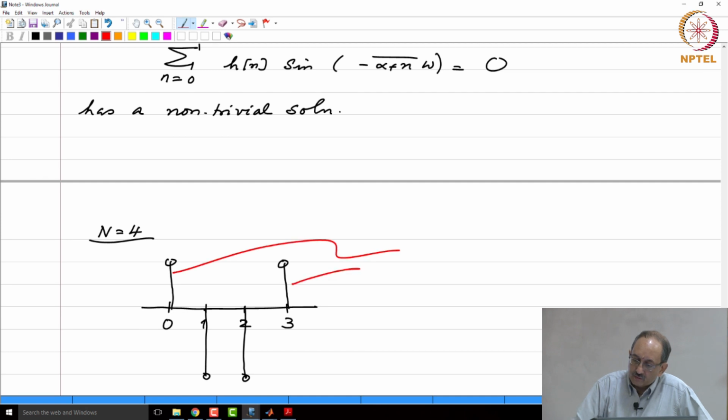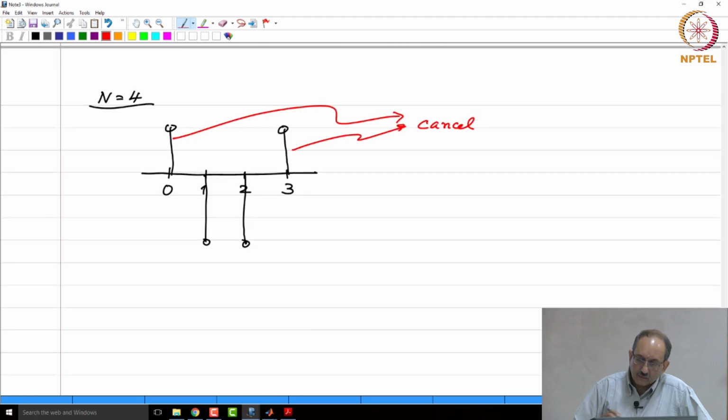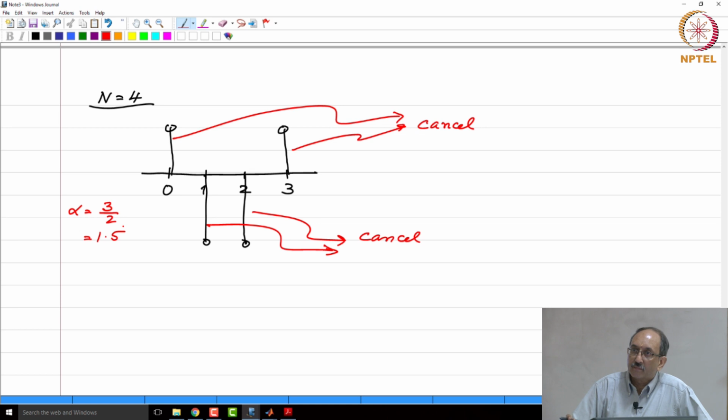So, this and this cancel, this and this cancel, right. So, now these will get cancelled for alpha equal to n minus 1 by 2. So, this is 3 by 2 or 1.5.